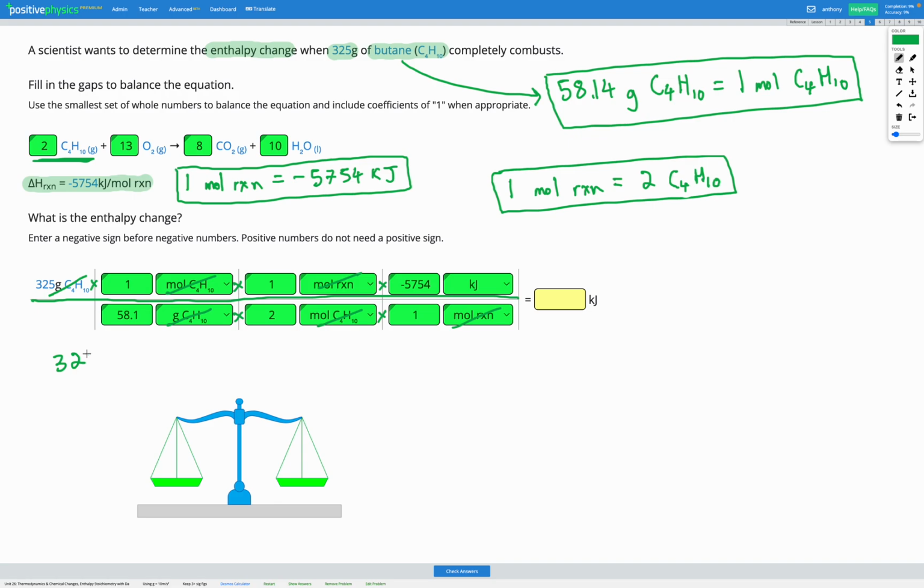That leaves us with 325 multiplied by 1, multiplied by 1, multiplied by negative 5,754 kilojoules, divided by 58.1, multiplied by 2, multiplied by 1. So if we put that into our calculator, that's going to get us negative 16,088 kilojoules. Let's try that in our answer box.